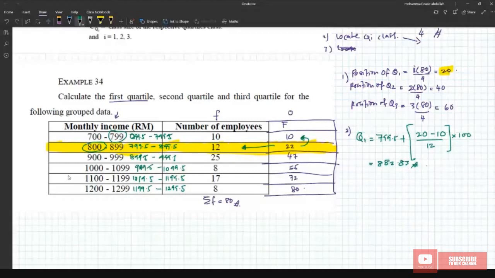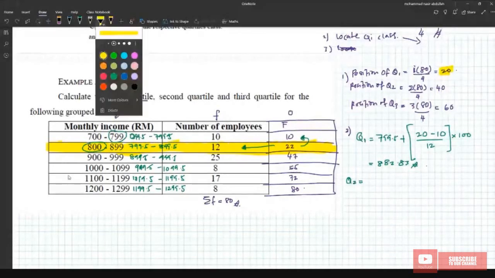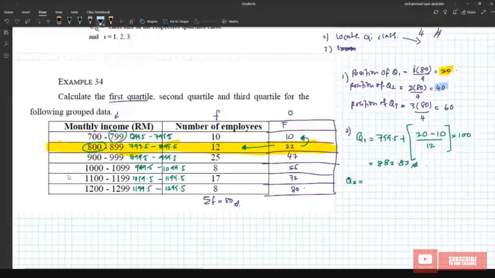So for quartile number 2, the position of quartile number 2 is 40. So we need to find the class for quartile number 2. The next greater of 40 is 47.